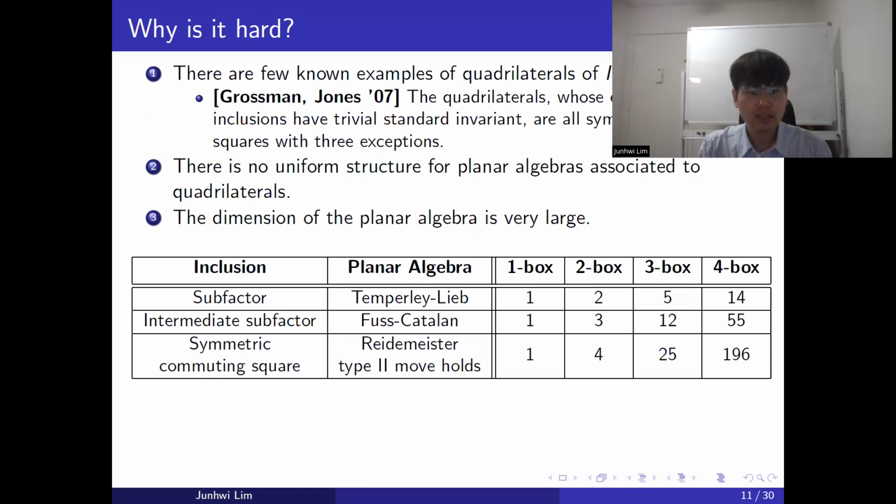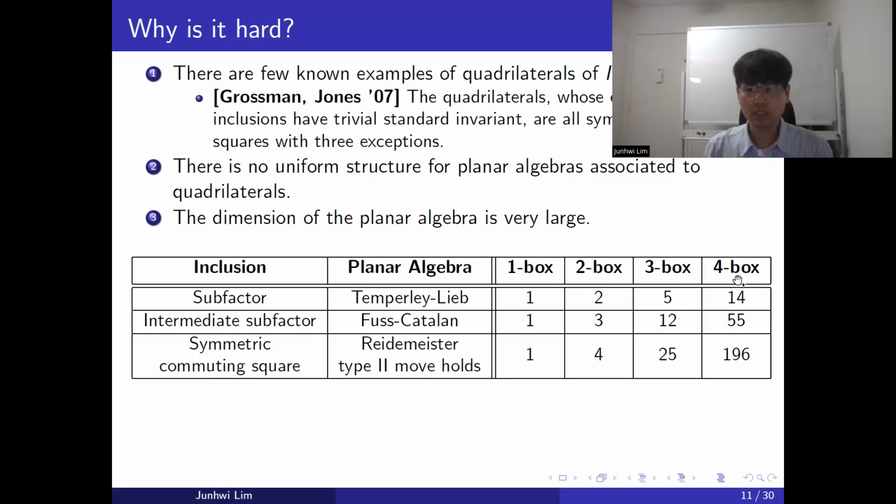And second, there is no uniform structure for planar algebras associated to quadrilaterals. So to study the quadrilateral planar algebra, one has to impose natural and interesting conditions to begin with. And lastly, the dimension of the planar algebra is very large. On the table over here, I have the dimension data of different planar algebras.